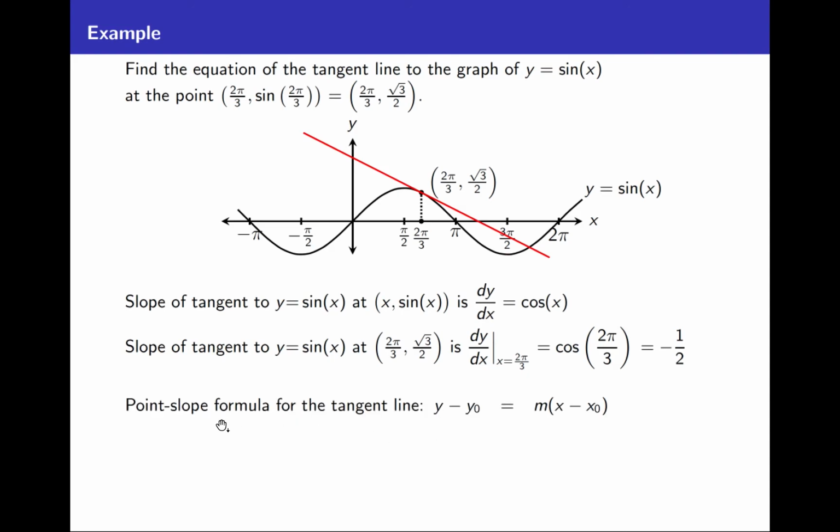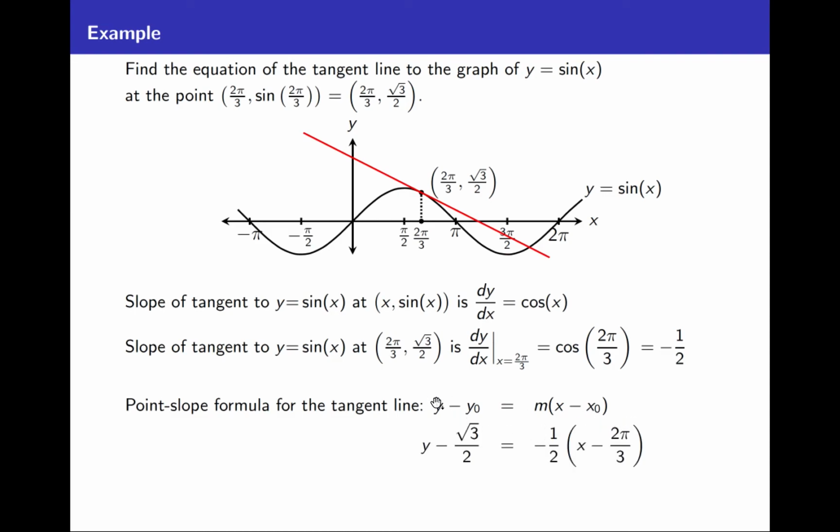Okay, so we can put this together now. We want the equation of this tangent line. Let's use the point slope formula for the equation of the tangent line. The point slope formula is y minus y naught equals m times x minus x naught.